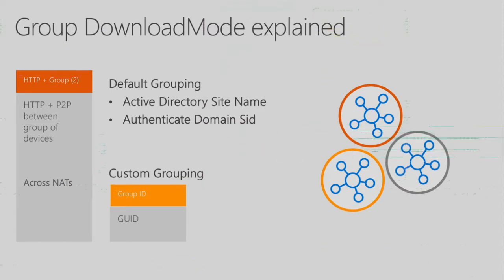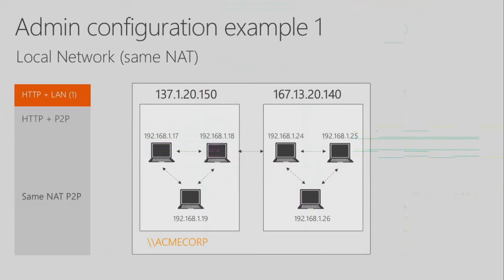If it can't find that, it's going to use the authenticated domain and group all devices that are authenticated to that domain as a group of peers. But if none of these options work, there's another policy, and that is the group ID. With that, you can create your own GUID and just create the groups however way you wanted to create them.